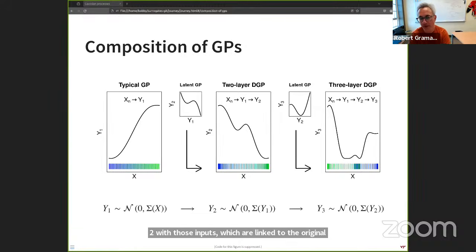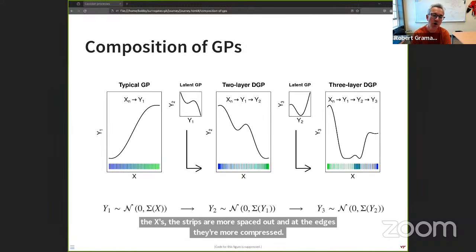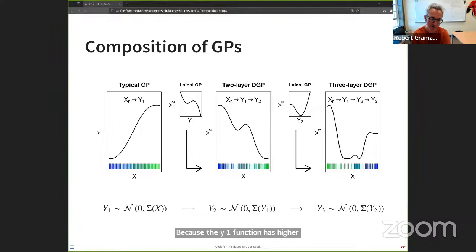And then in the middle panel, I'm plotting for you just the y2s as a function of the original x's. But I'm showing you the effect of y1 with the color strip at the bottom. You can see that in the middle of the x's the strips are more spaced out, and at the edges they're more compressed, because the y1 function has higher slope for middle x values and shallower slope or flatter responses at the edges.